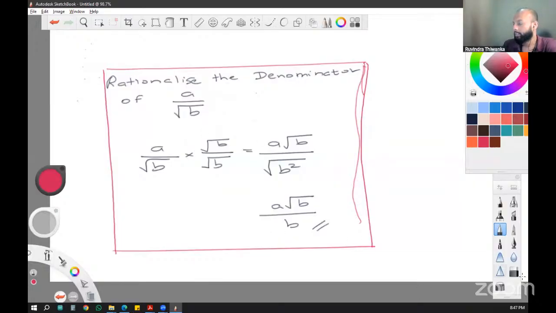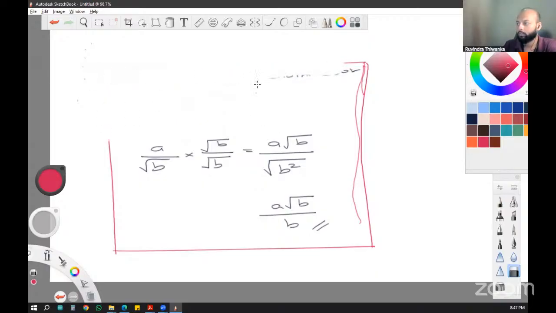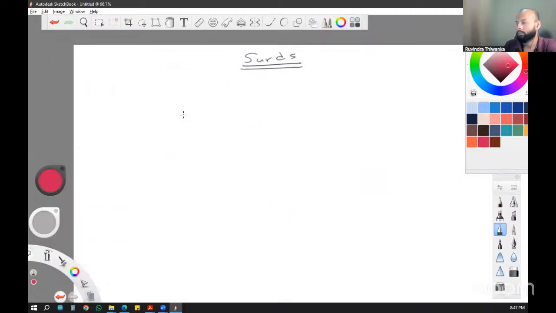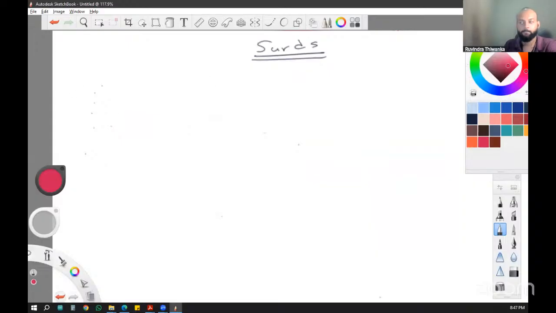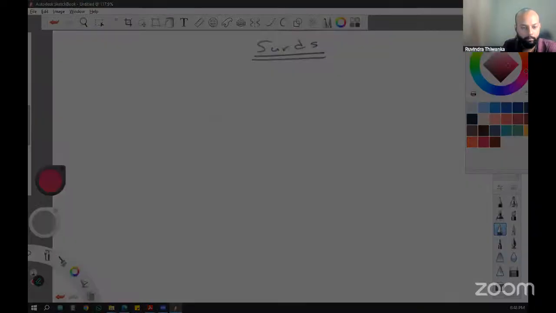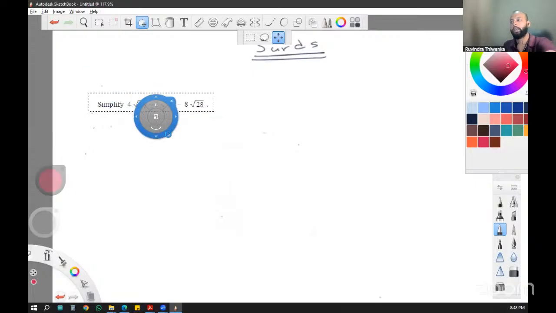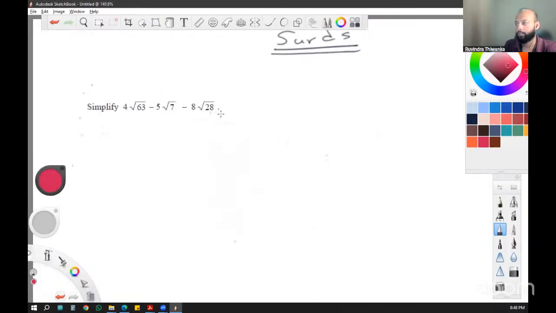Now we are going to do another example. After that, we'll do some exercise. Now we have complex numbers like this, different numbers, different sets inside the roots.